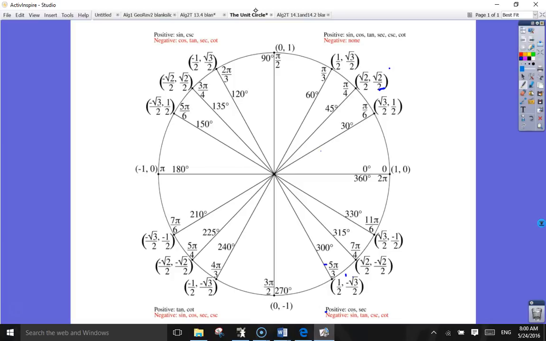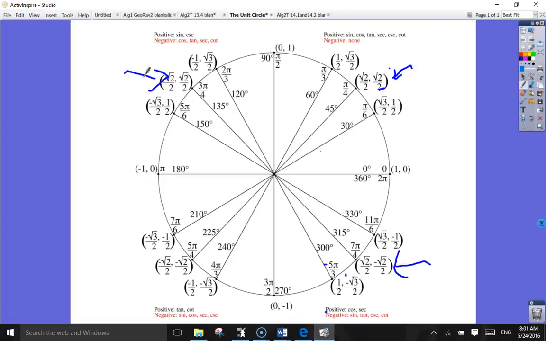Where would the tangent equal 1? Meaning, where are x and y the same? How about there? Root 2 over 2, root 2 over 2. If I divide y by x, I get 1. But I don't want 1, I want negative 1. So that's going to be here. It could also be here, except you don't look for tan inverse in that quadrant.